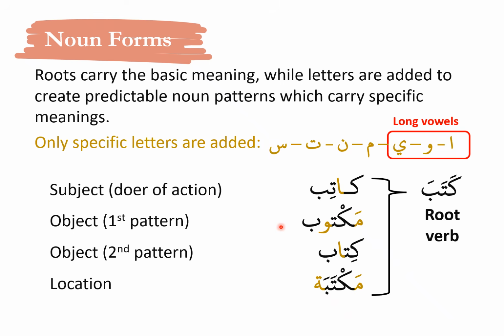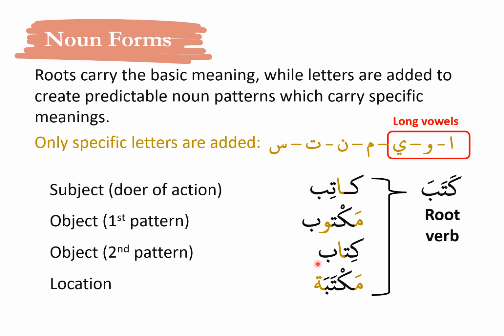The second example, maktub, you see we add a meem, and in the middle a long vowel. So with the change of marks, it becomes maktub. Now this here is an object, which is about something written. If the first one is the doer, the writer, the second one means something which is written.